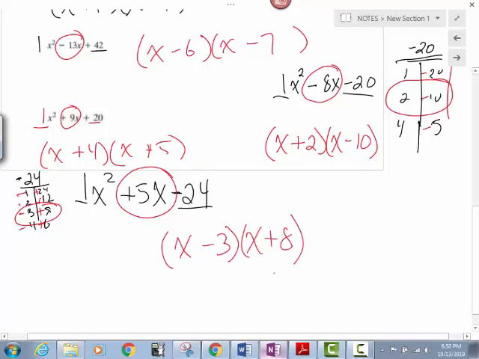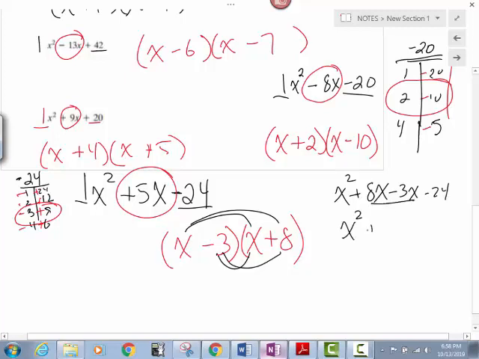Okay. So the last part I'm going to show you guys before I go on to the next page is just how do I check my answer? Well, we just multiply. So look, x times x, here's an x squared. x times 8 gives me an 8x. Negative 3 times x gives me a negative 3x. Negative 3 times positive 8, negative 24.